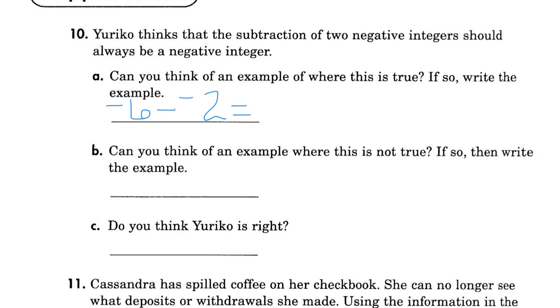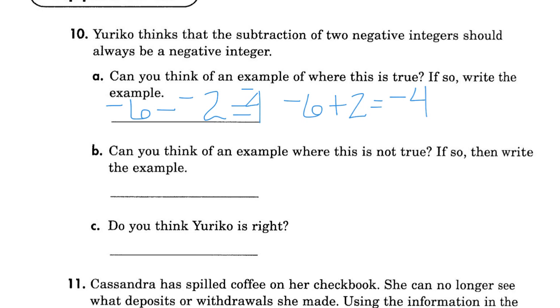That is the same thing as saying negative 6 plus 2, which equals negative 4. And if I punch it in my calculator, I'm also going to get negative 4. So I subtracted two negative numbers and I ended up with a negative number, negative 4.